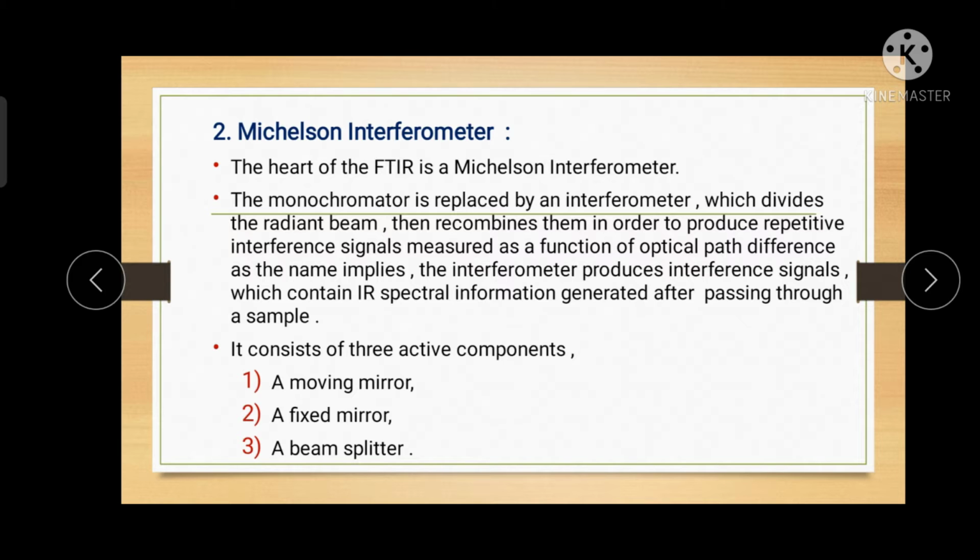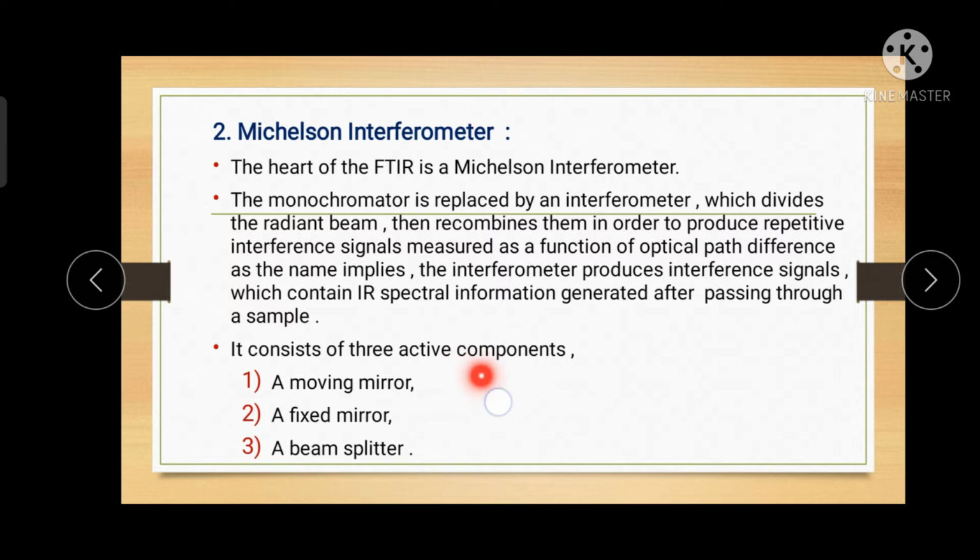The beam splitter divides the given radiation beam into two parts, and after that there is a recombination process, and after recombination we get the repetitive interference signals, measured as a function of optical path difference. That means there is a path difference between the two beams, and we get particular interference signals, and this interference signal contains information about our given sample when we pass through it. So in this way the Michelson interferometer works.